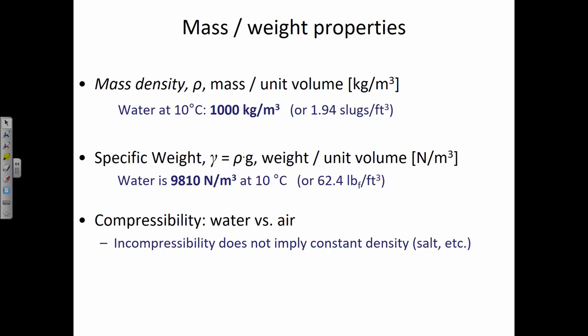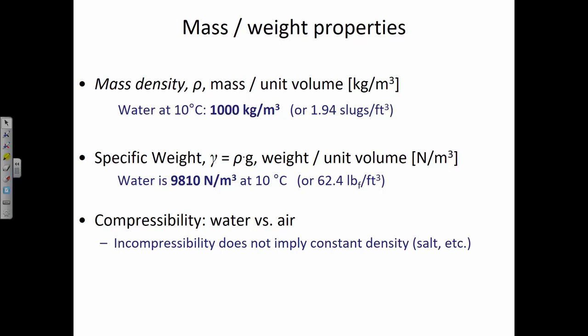When you drive around in a car that has compressed air in the tires, it's no big thing to compress air. But just the fact that we usually say water is incompressible doesn't mean that its density is always the same. Because, of course, we already talked about how density changes as a function of temperature. But then also, we can add salts and dissolve other things besides salts.